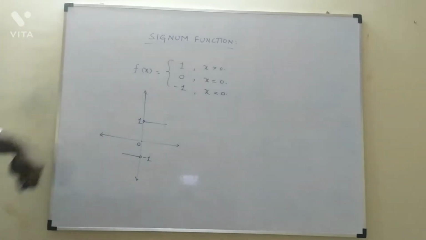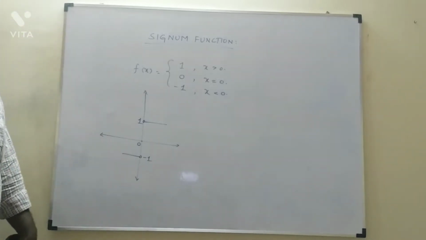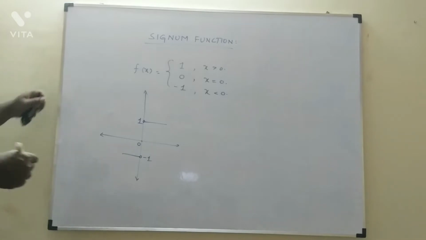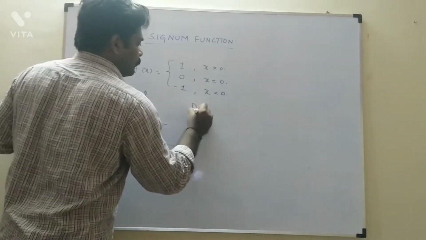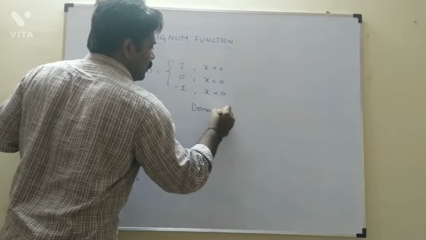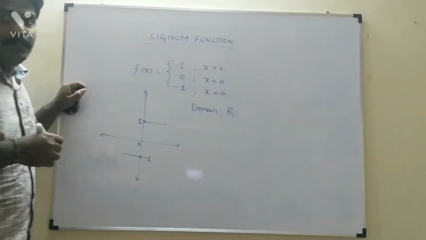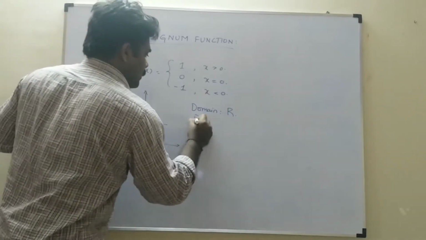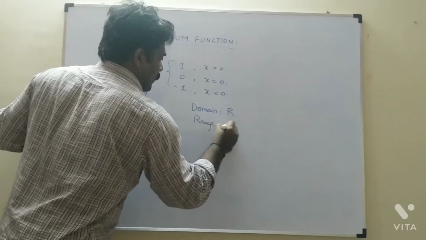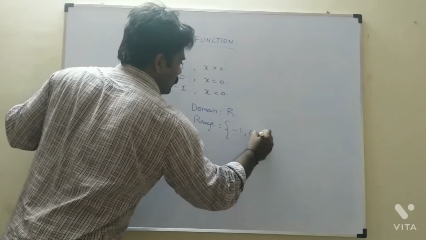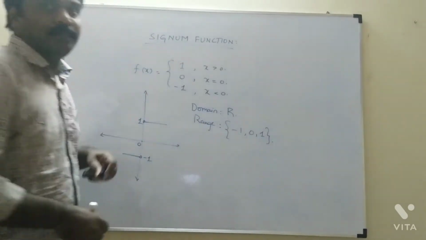So this is how the graph of a signum function would look like. And when it comes to domain, domain of a signum function can be any real value. And when I say range, range would be minus 1, 0, 1.